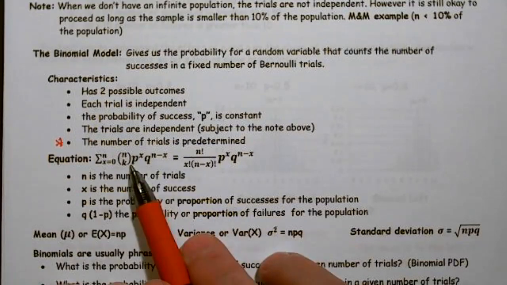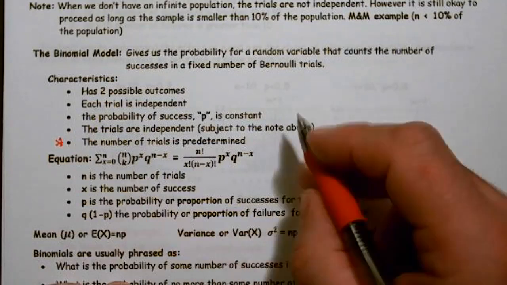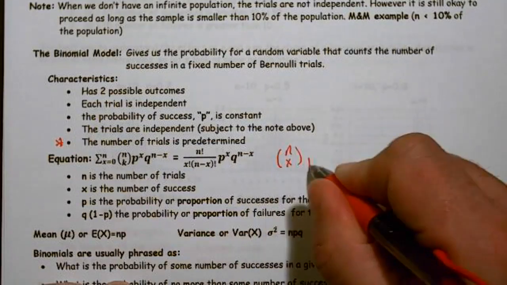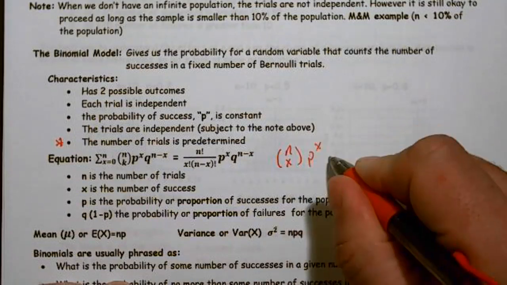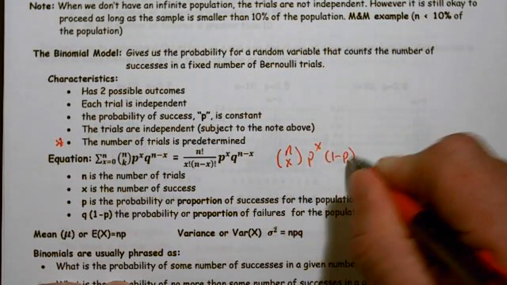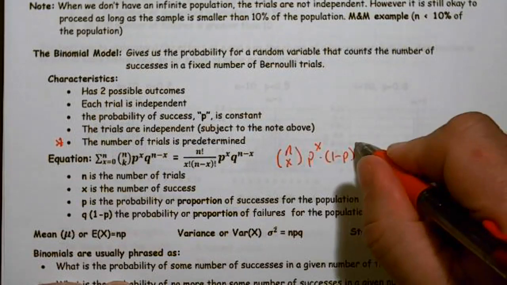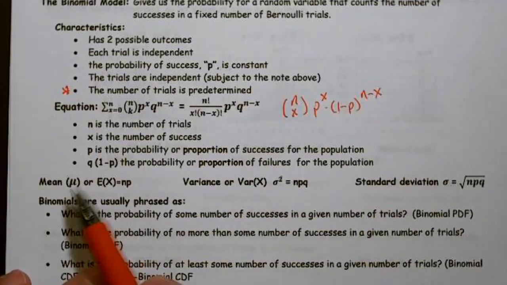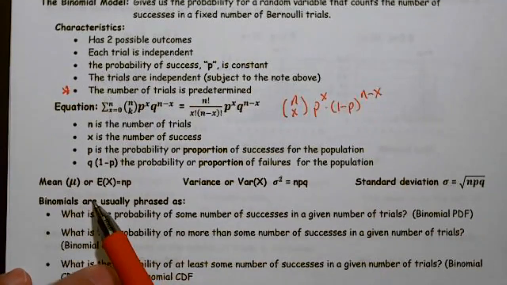This is the overall formula. n choose x, and a lot of times the formula chart, I think, shows it as n choose x, p to the x, and then it says 1 minus p. I like to use q, and this is just going to be to the n minus x. Okay. All right. The mean for the binomial is very easy.